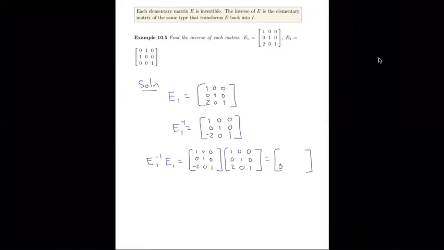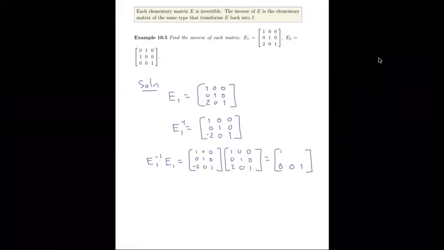Third row, middle column, we have -2 times 0 plus 0 times 1 plus 1 times 0. It's all zeros added up. We get another 0. Third row, third column, we have -2 times 0 plus 0 times 0 plus 1 times 1. We get 1. And it looks like we fixed our third row again.